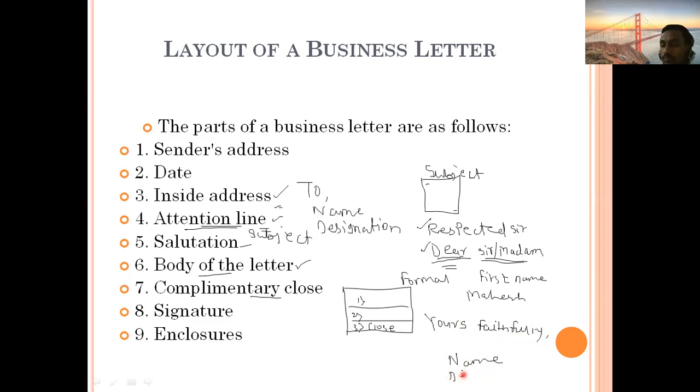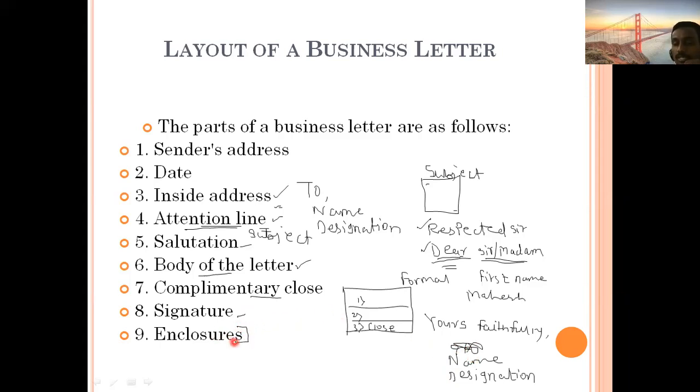Name, designation. Whose name and whose designation? कुणाचं नाव आणि designation येईल इथं? The person who is writing the letter, his name and designation, and then signature. So between yours faithfully and that name, you're going to sign this document. Without a sign, again, remember, you're not going to send any letter to anybody. So it has to be signed. So this way you are going to write your letter.